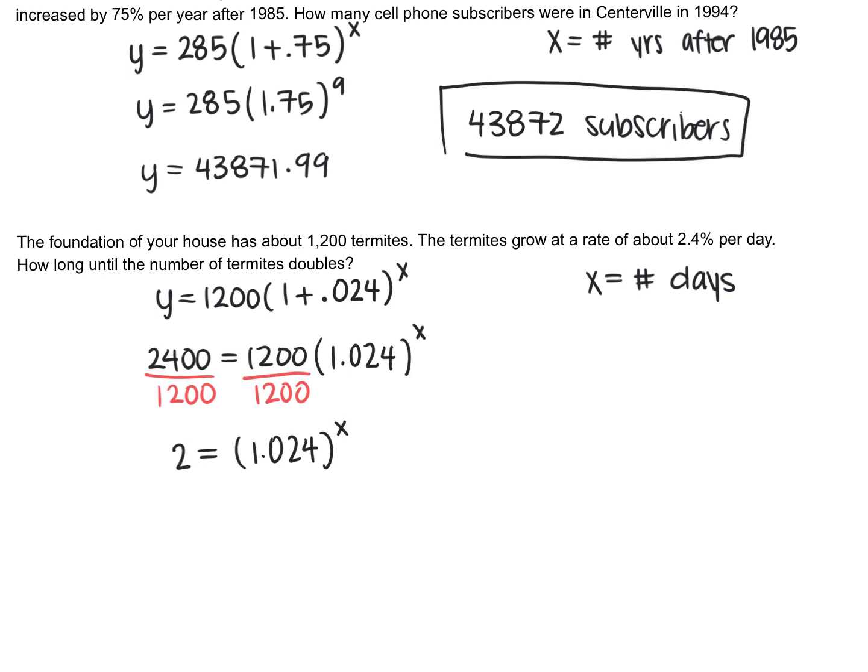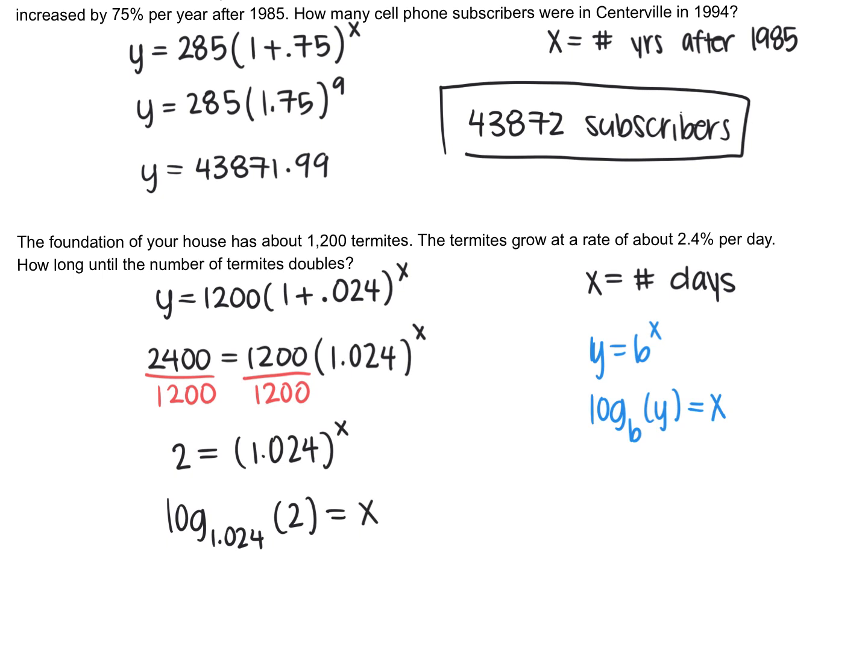Now to solve for my exponent, I'm going to convert to logarithmic form. If you remember, exponential form, y equals b to the x. Logarithmic form, log base b of y equals x. So we're going to have log base 1.024 of 2 equals x.